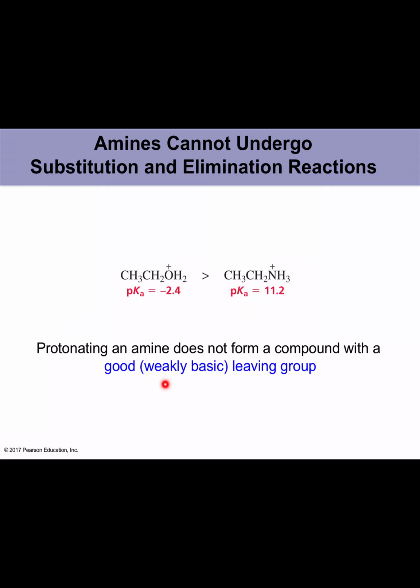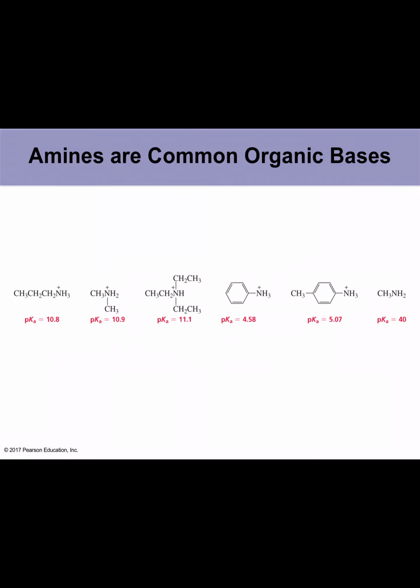Protonating an amine does not form a compound with a good or weakly basic leaving group. Amines are common organic bases, and we can see the pKa's of some of the protonated amines.